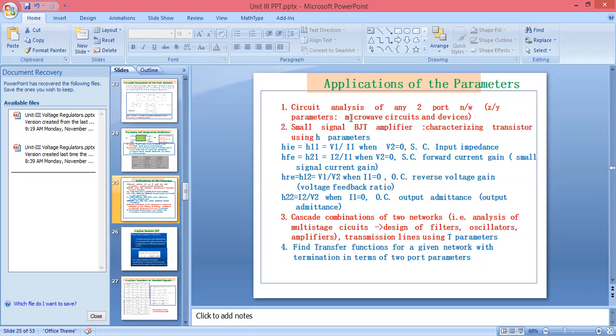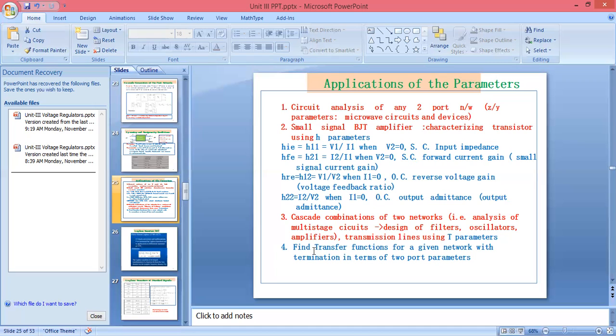So when we are using the H parameter in the small signal BJT amplifier, at that time we can calculate the values of input impedance, the values for current gain, and the value for the output admittance. If we are making cascade combinations of two-port networks in multi-stage circuits, oscillators, multi-stage filters, or multi-stage amplifiers, at that time you can use the ABCD or transmission parameter.